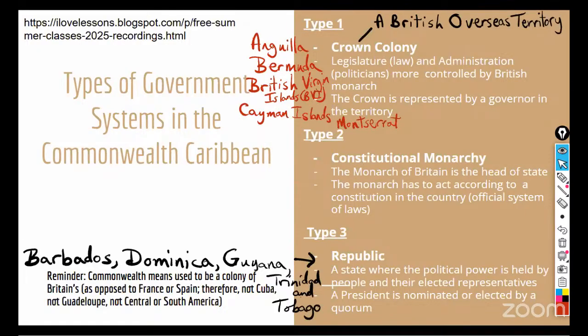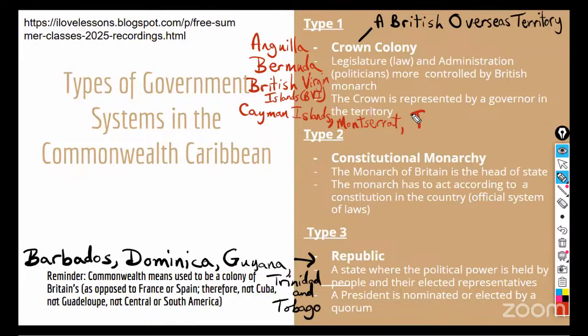We have Anguilla, we have Bermuda, we have British Virgin Islands, we have Cayman Islands, Montserrat, Turks and Caicos. For the other islands, once you can find an independence date for it, it is not a British overseas territory.